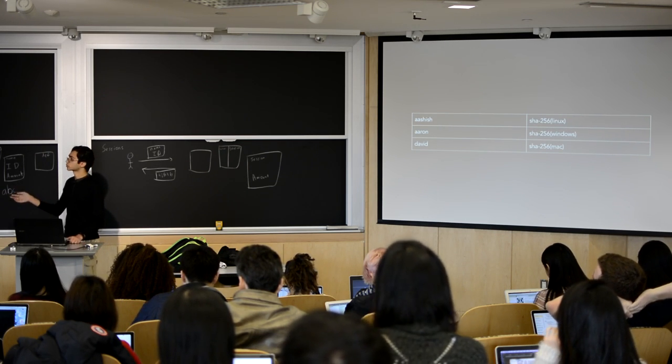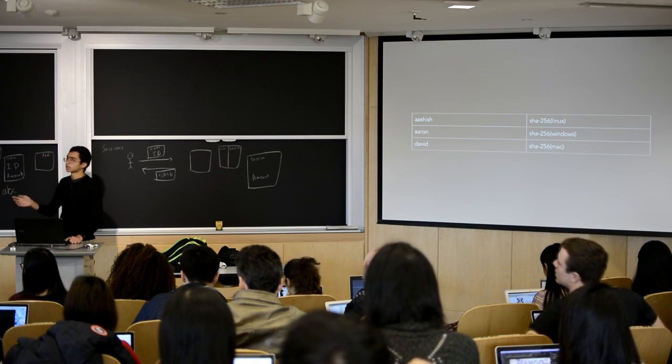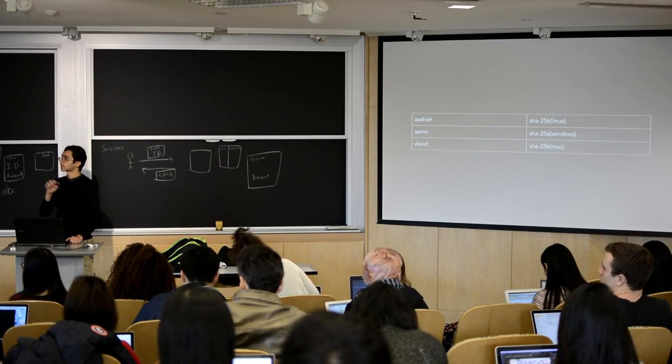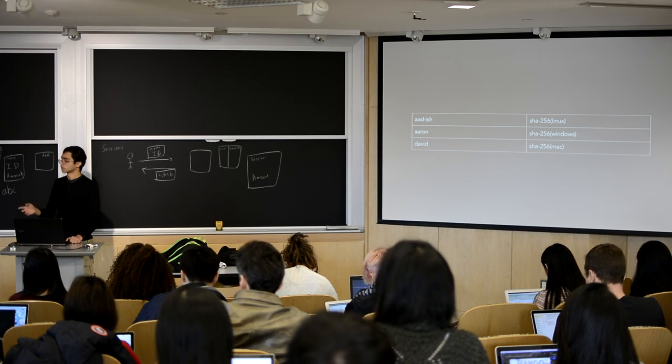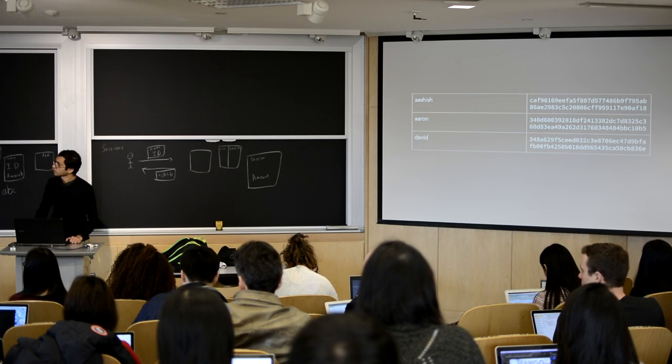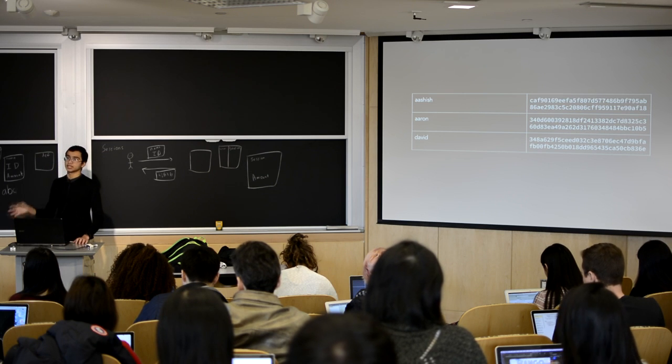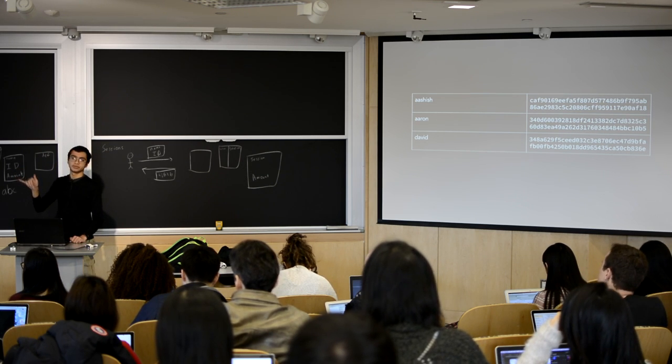So in this case my password was Linux. So the bank clerk will say, okay, I'm going to calculate the SHA-256 digest of Linux. And he gets the output, and then he stores that output in his table.